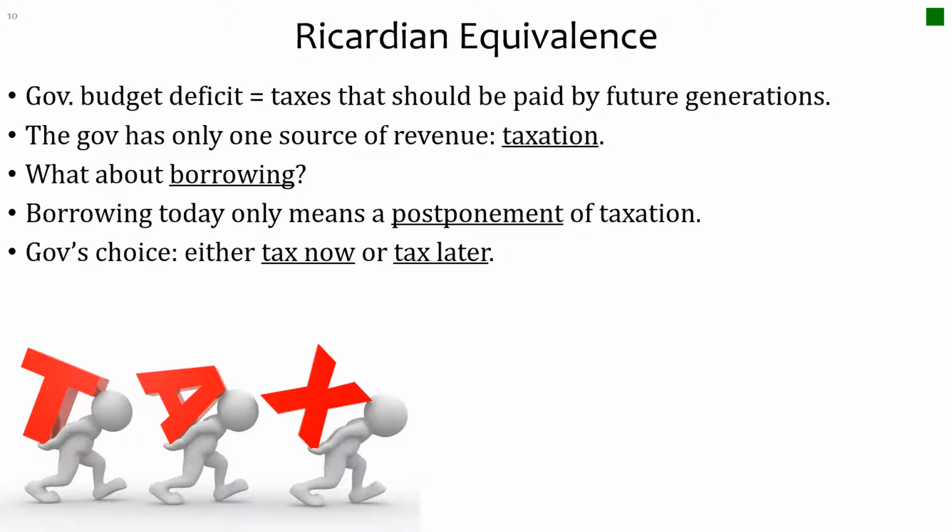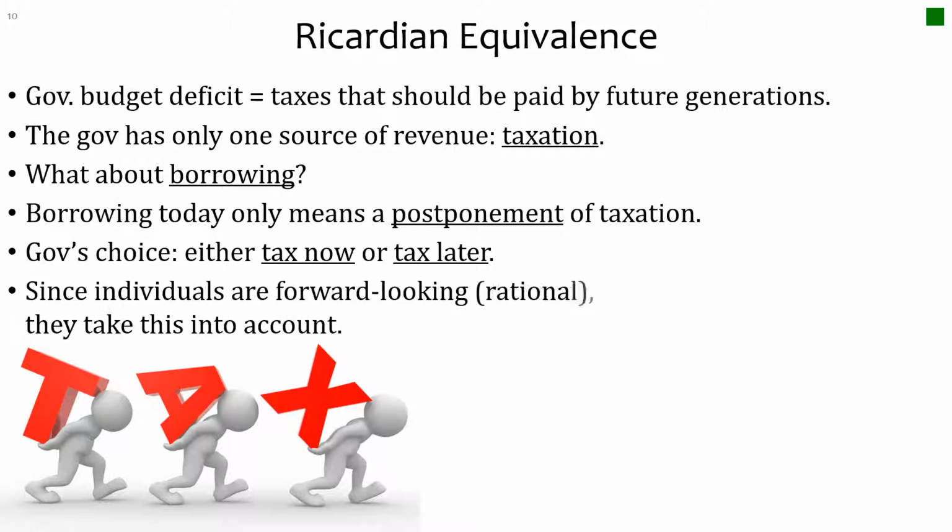So the government's choice effectively is either tax now or tax later. They have no other option. And since individuals are forward-looking, which means rational, they take this into account. So people know that if the government spends more money, more government spending is exactly the same as more taxing, because the government has no other source of revenue.